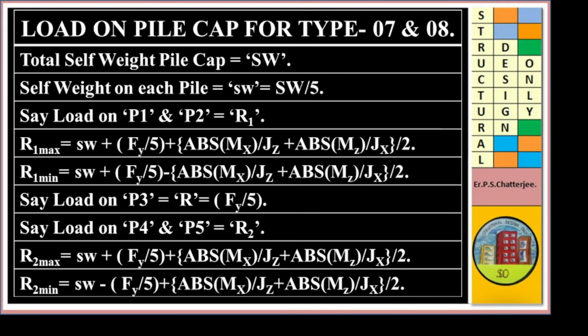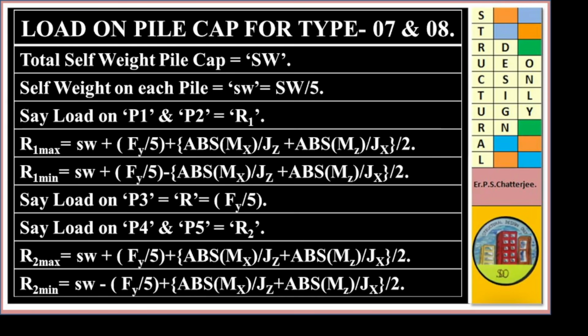R1 max is equal to small sw plus Fy divided by 5 plus absolute Mx by Jz plus absolute Mz divided by Jx, divided by 2. R1 minimum is equal to small sw plus Fy by 5 minus absolute Mx divided by Jz plus absolute Mz divided by Jx, divided by 2.